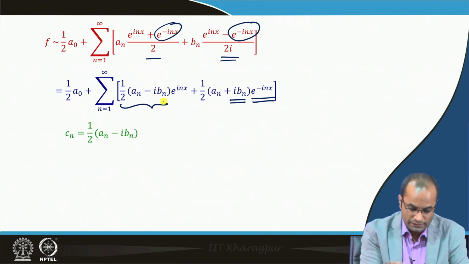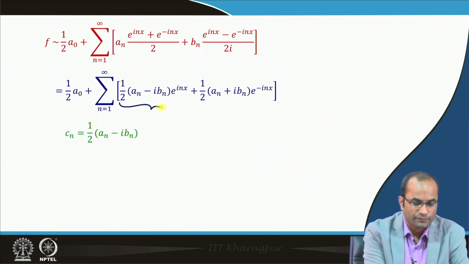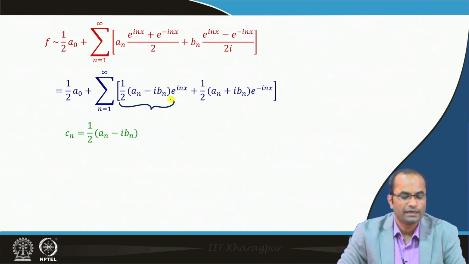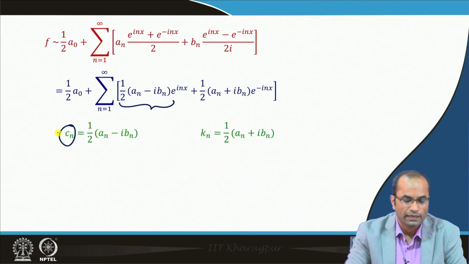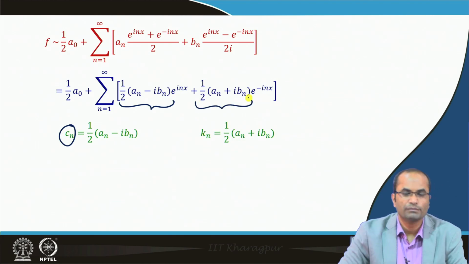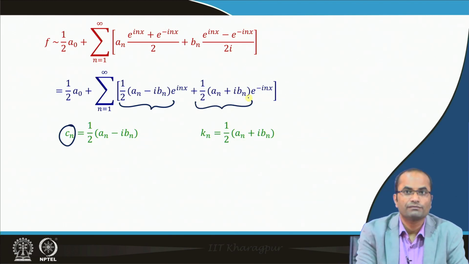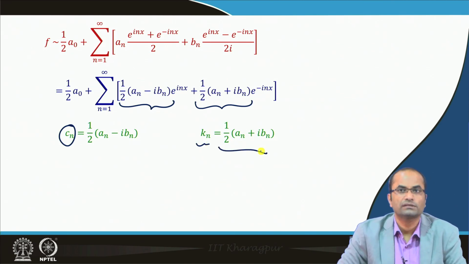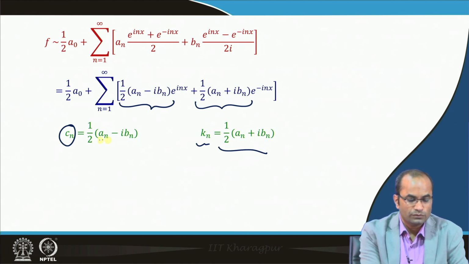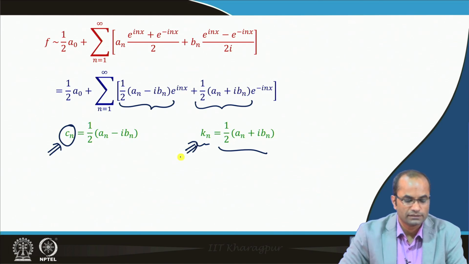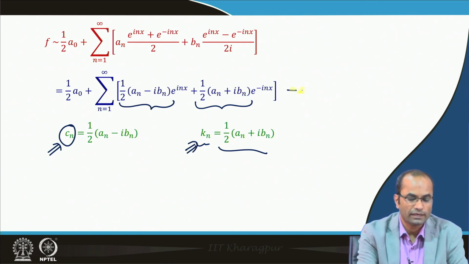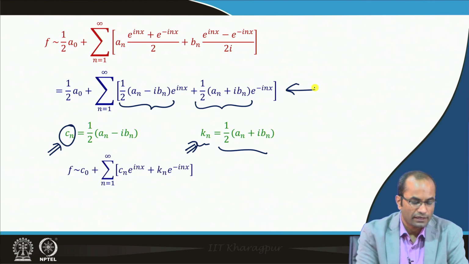So, for this first complex number, half of a n minus i b n, we set a new name, c n, and for the second combination of the coefficients, we call it k n, as half of a n plus i b n. Having these two new numbers, c n and k n, we can now rewrite the Fourier series as follows.